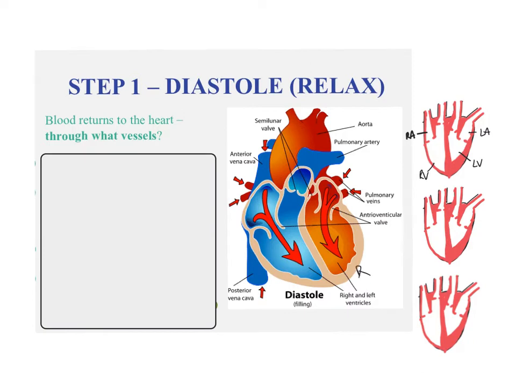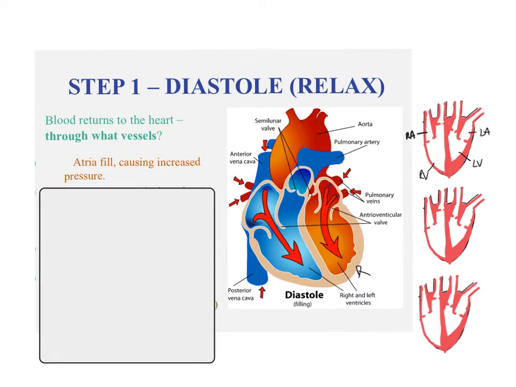So we know that blood is going to return to the heart through either the vena cava or through those pulmonary veins. Okay, so if you didn't know that, maybe go back to last lesson and double check the anatomy of the heart. But we are looking at the vena cava or the pulmonary veins.